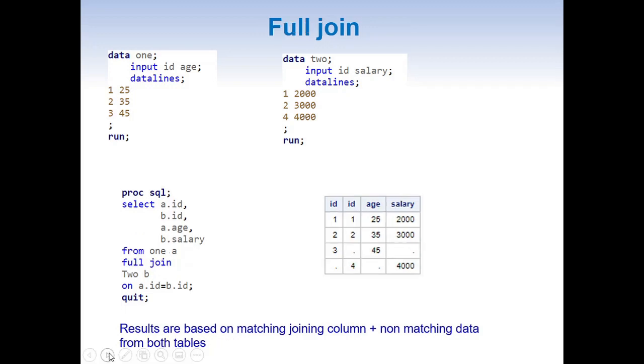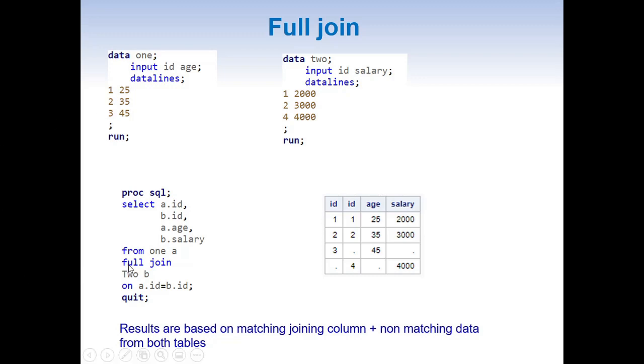Now let's go ahead and discuss full join. With the name itself, it is again very clear that we want information from both the tables. That is, whenever they have a match, we want that. Whenever they do not have a match, we want that information also.